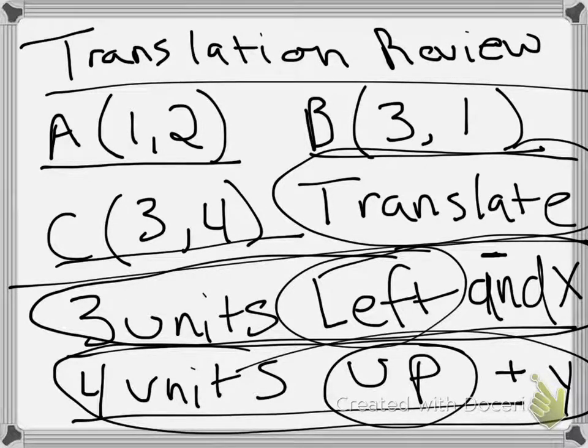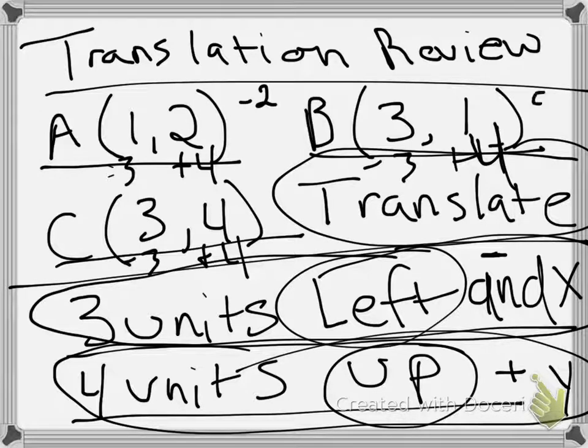So I look up here, I subtract 3 units from each X, and I add 4 units to each Y. So 1 minus 3 is negative 2, and 3 minus 3 is 0 and 0.